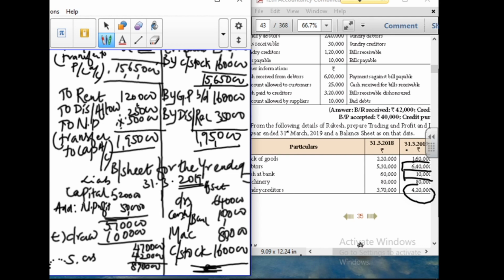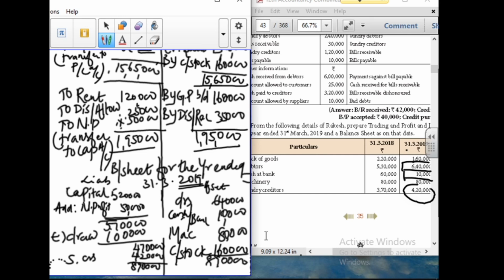So your total is 8 lakh 90,000 in the asset side.